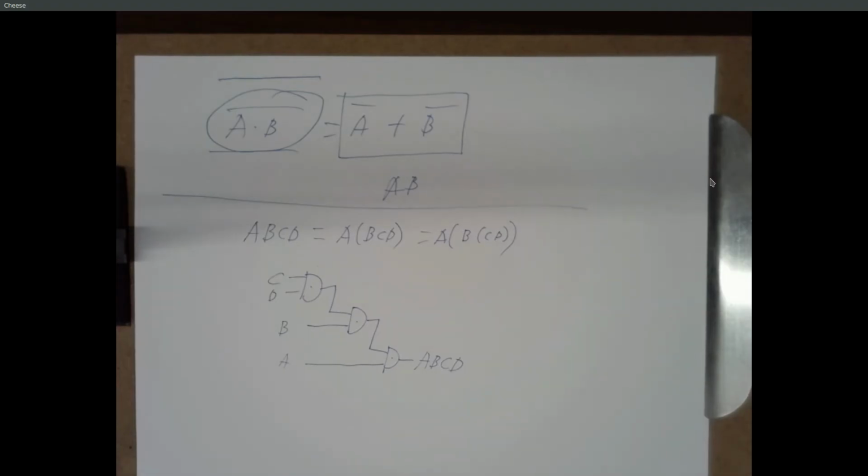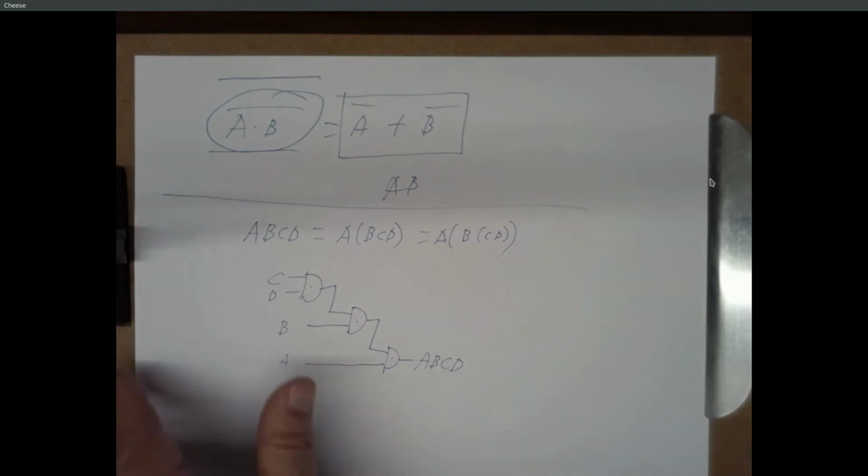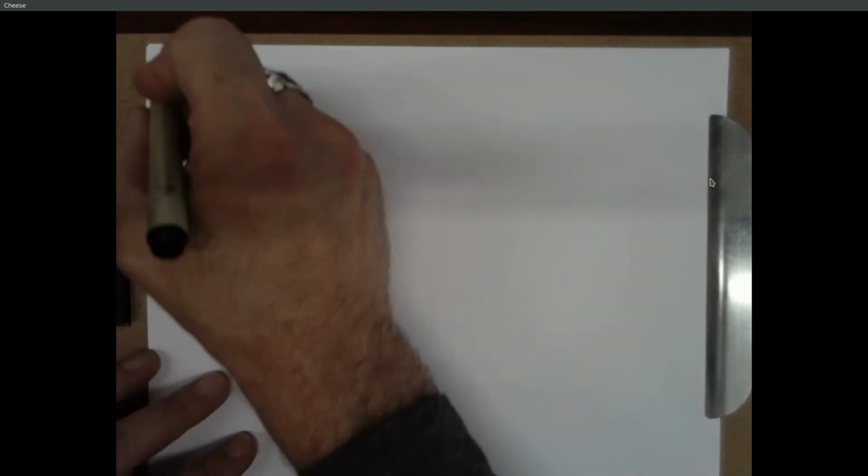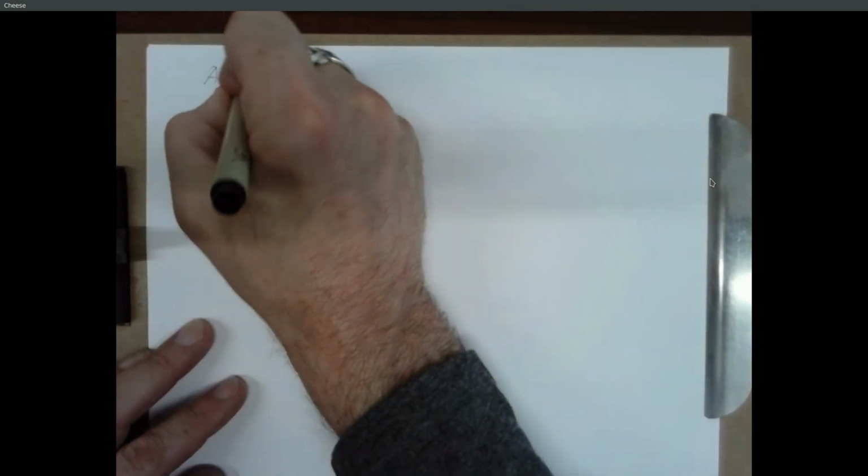All right, so moving forward, let's go back to sum of products. And let's go back to our combination lock. So remember, we had 3 inputs.